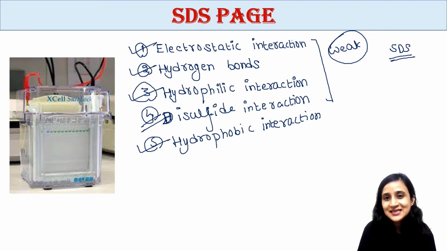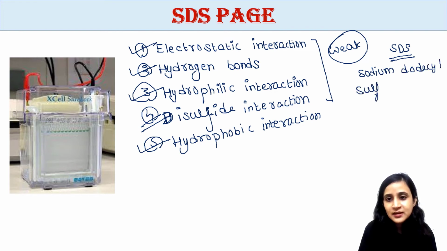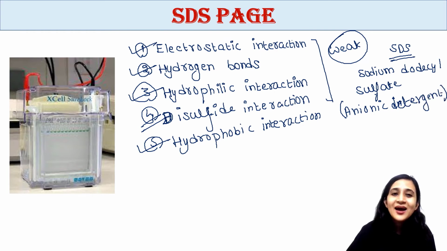What is SDS? SDS is sodium dodecyl sulfate, and this is an anionic detergent. So it is basically a negatively charged detergent.